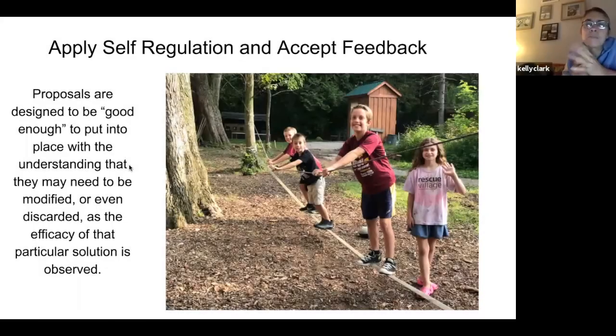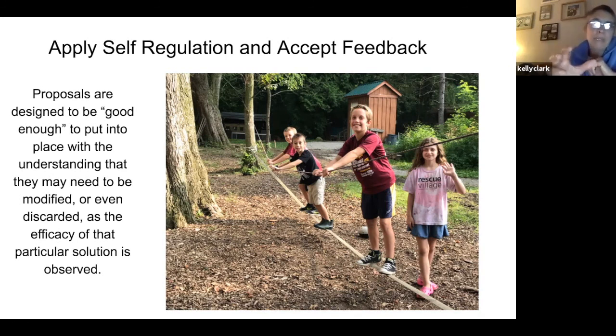Another permaculture principle that sociocracy utilizes is this: apply self-regulation and accept feedback. So one of the reasons that a lot of organizations like to adopt sociocracy is because it can allow for rapid prototyping. Proposals don't have to be perfect, they just have to be good enough.